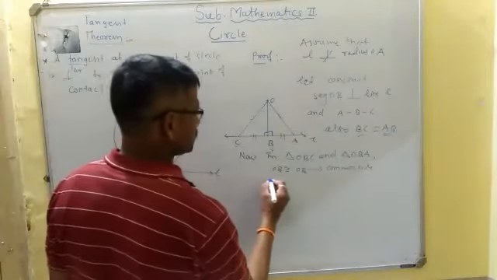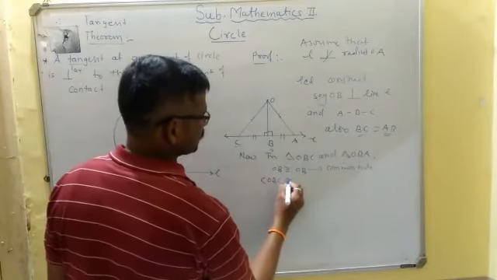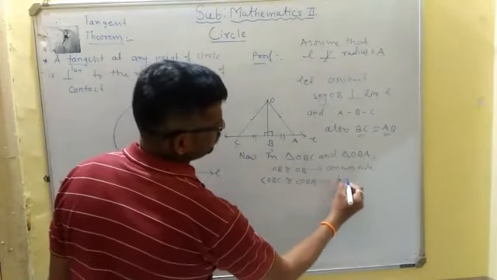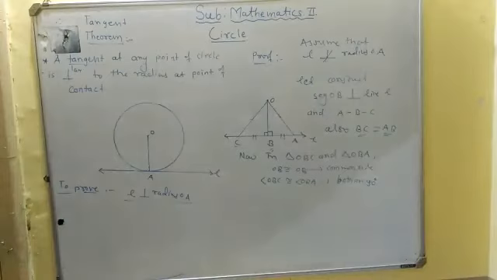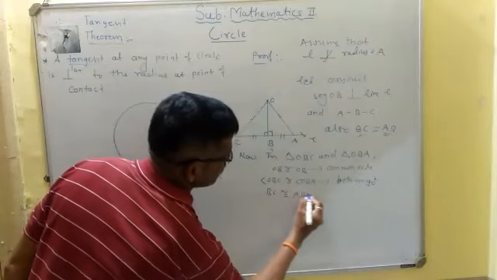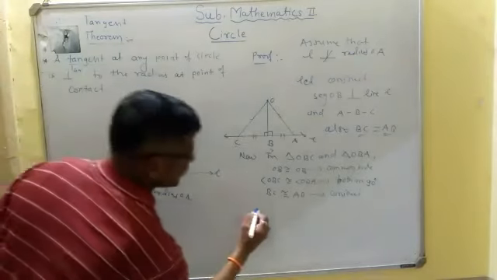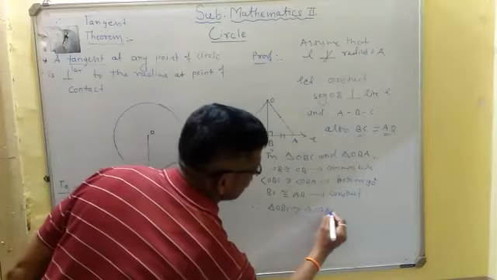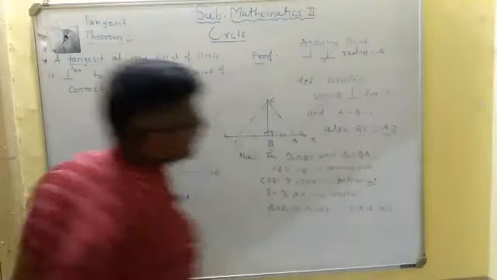Also, angle OBC is congruent with angle OBA, both are 90 degrees. And BC is congruent with AB, that's our construction. Therefore, we say that triangle OBC is congruent to triangle OBA by the side-angle-side test of congruency.